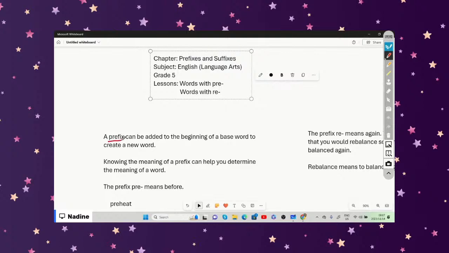So a prefix can be added to the beginning of a base word, and then we can create a new word. Knowing the prefix can help you to determine the meaning of the specific word.